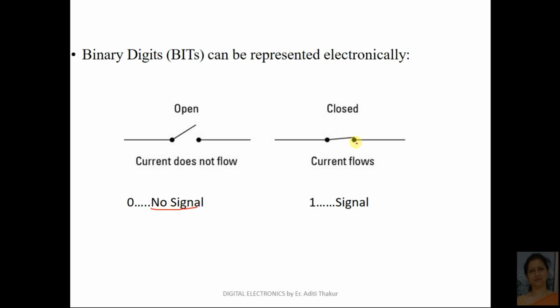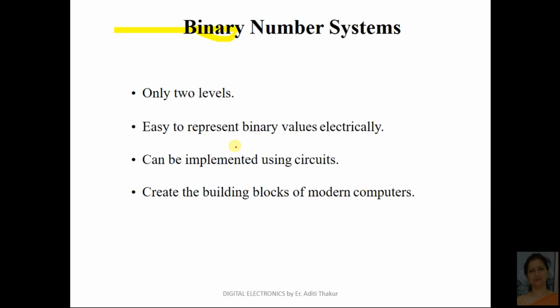And the closed switch can be represented by 1, which means that there is a signal, or in electrical words we can say that current does not flow when the input is 0 and it flows when the input is 1. So we have studied that it is easy to represent binary values electrically.